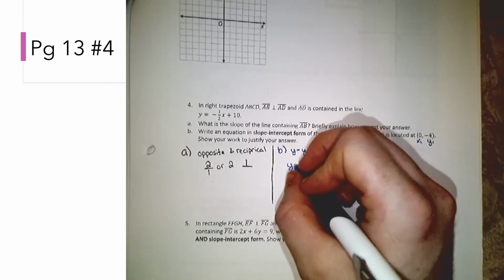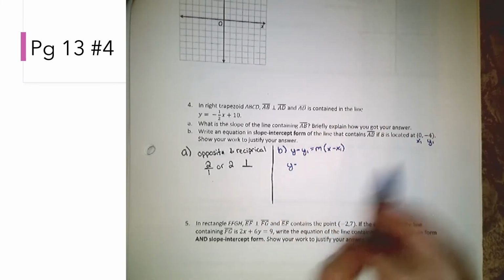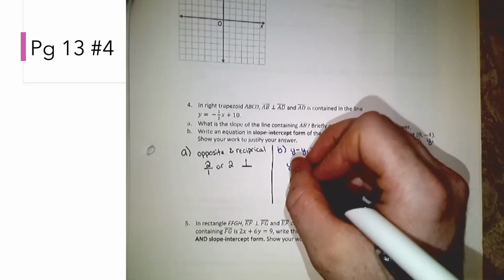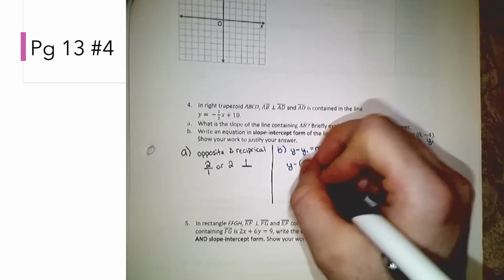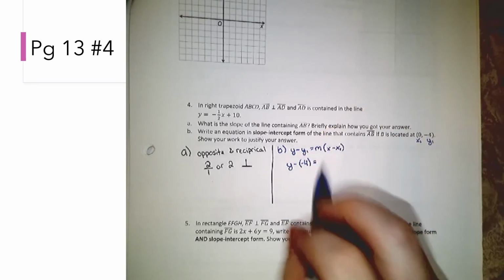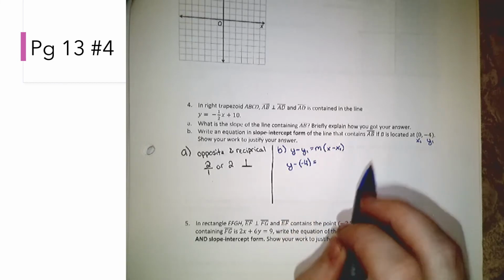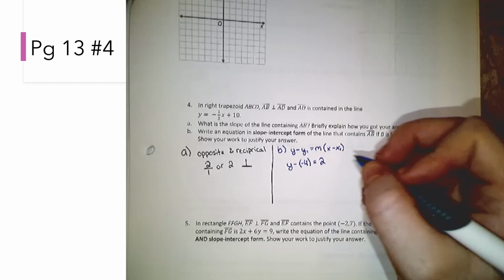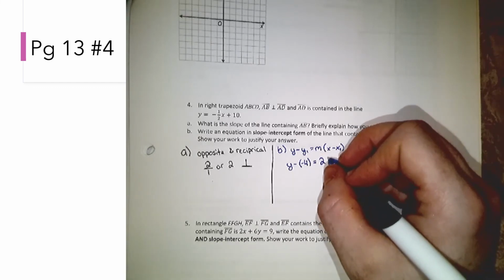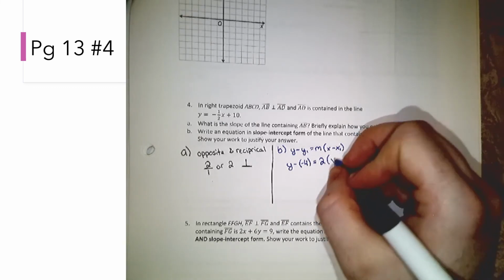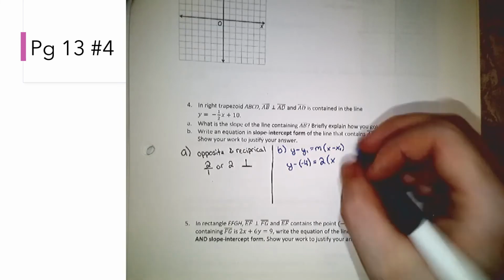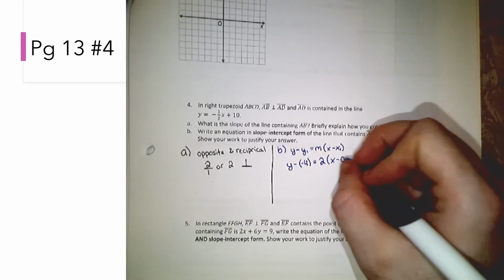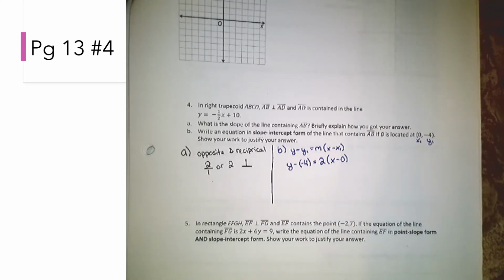So y minus y1 is negative 4, so minus a negative 4 equals the slope, which is now going to be 2, because remember it's supposed to be perpendicular, so we did the opposite and reciprocal. And then x minus x1. And x1 in this case was 0.